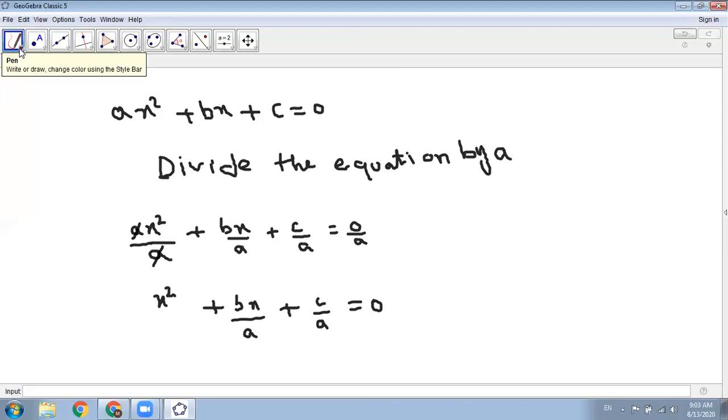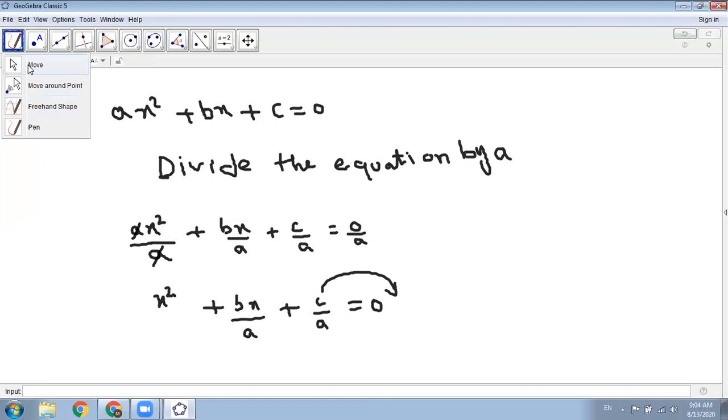Now here c upon a is representing the constant term, so we move this c upon a to the other side of the equation. We move this term to this side of the equation, because it is representing a constant term, the term without x. Basically, a, b, c are representing coefficients. So c is a constant, and c upon a is a constant, again because a is a constant.